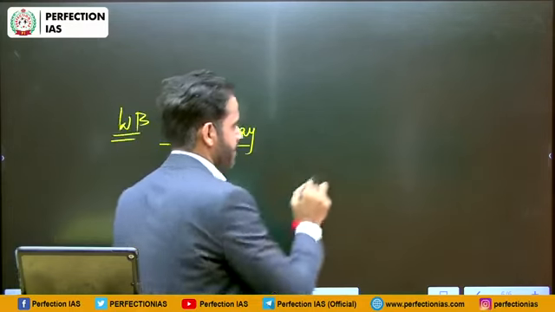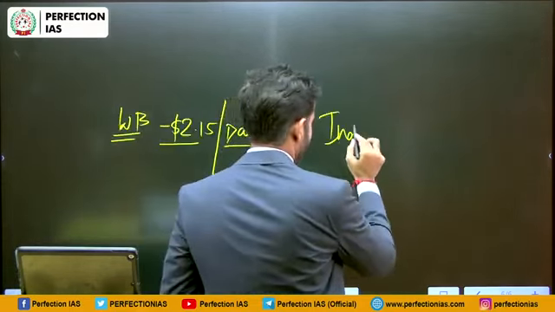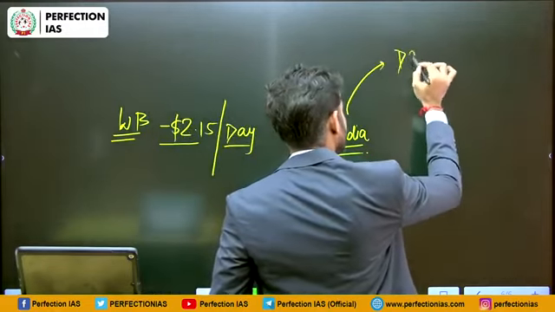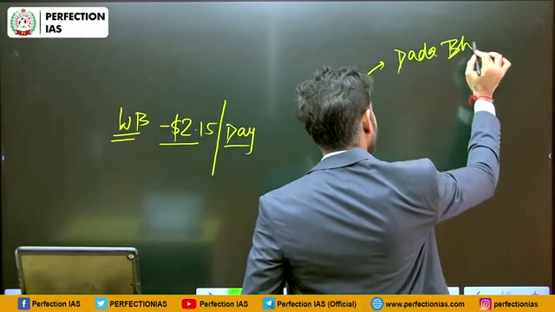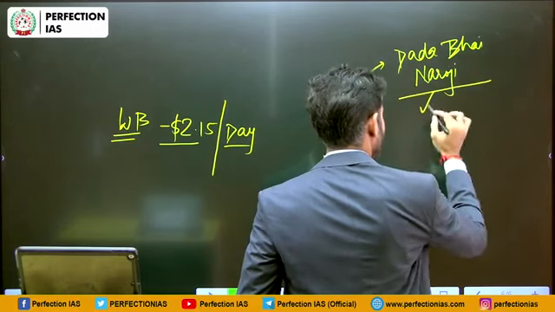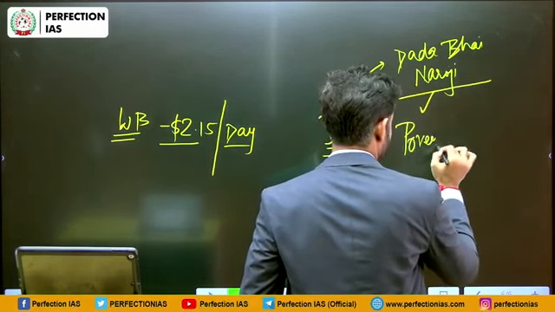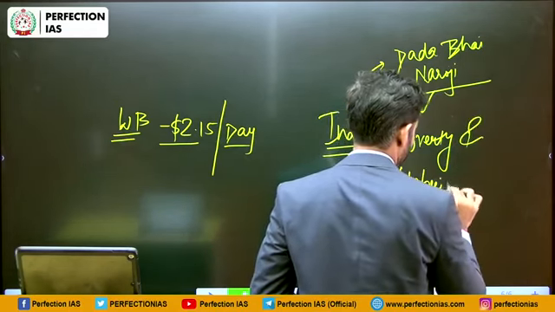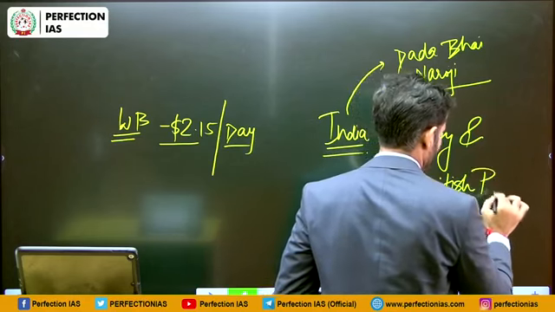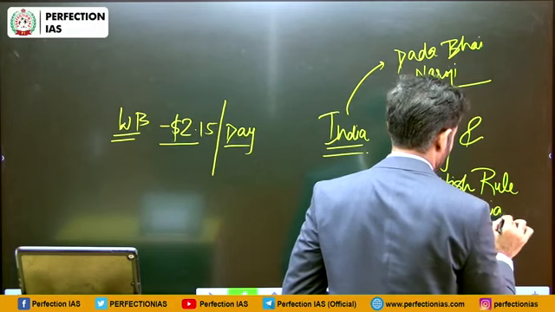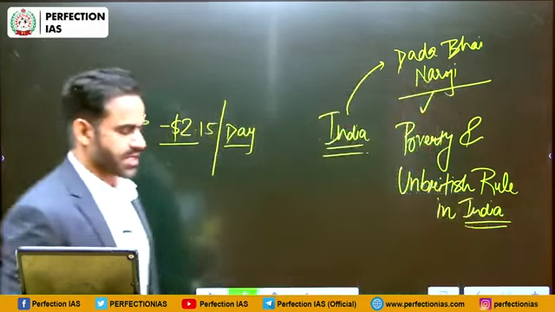If we talk about India, the first attempt for the estimation of poverty line was done by Dadabhai Naoroji in his book Poverty and Un-British Rule in India. So this was the first attempt.